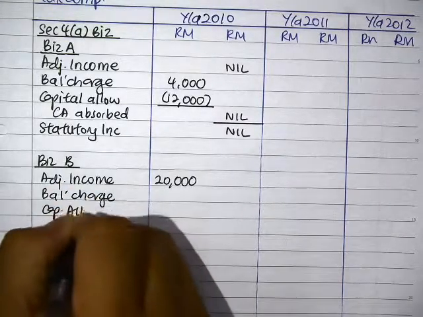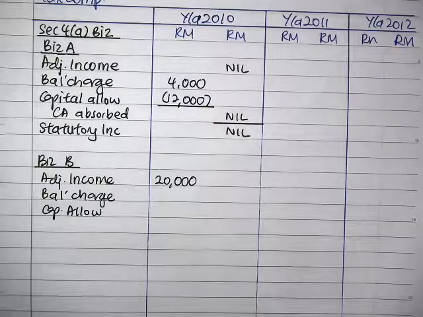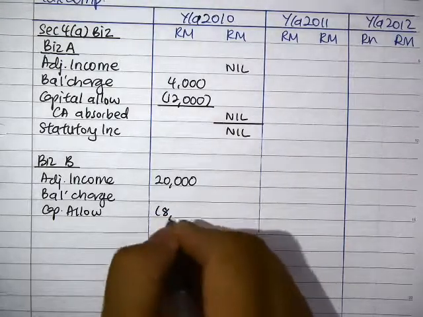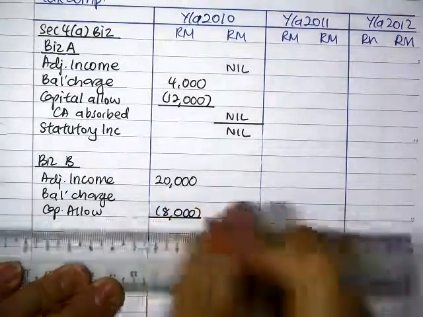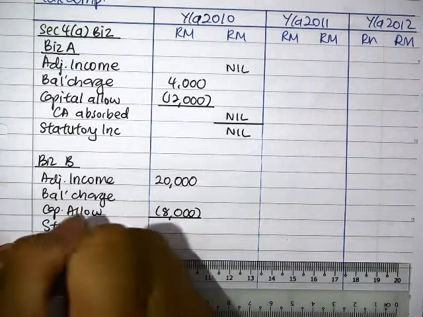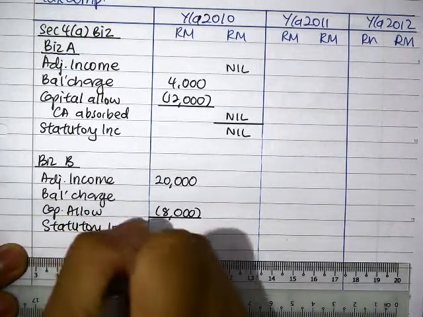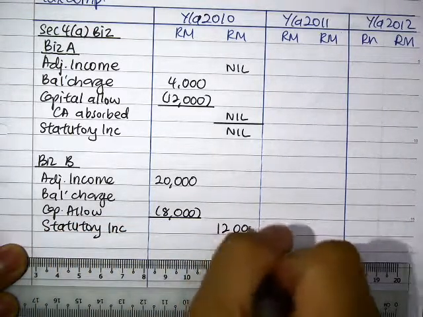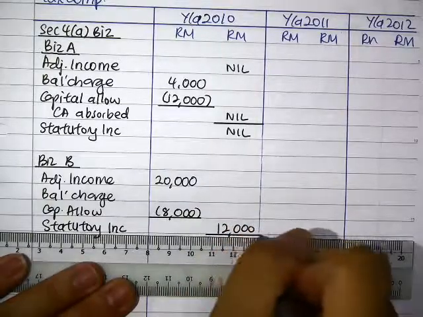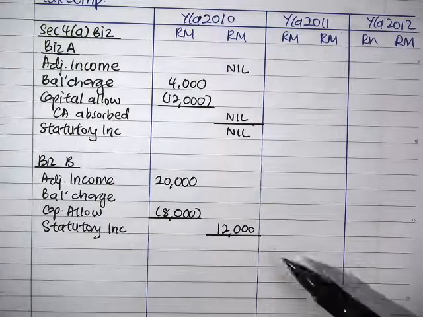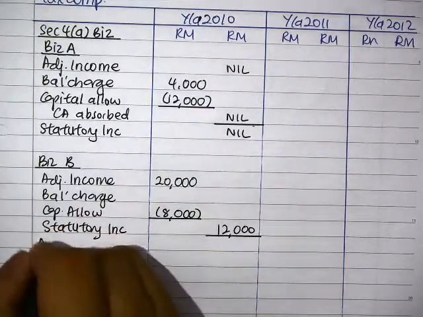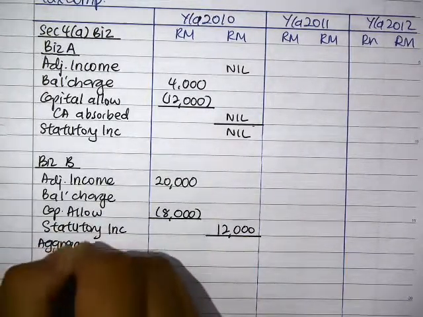Now the capital allowance for business B is given as 8,000. Right, so 20 minus 8, you have statutory income of 12. So remember the steps, that all the business statutory income, you're going to call it the aggregate.